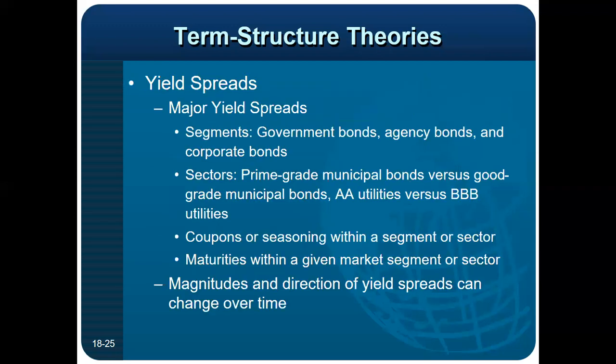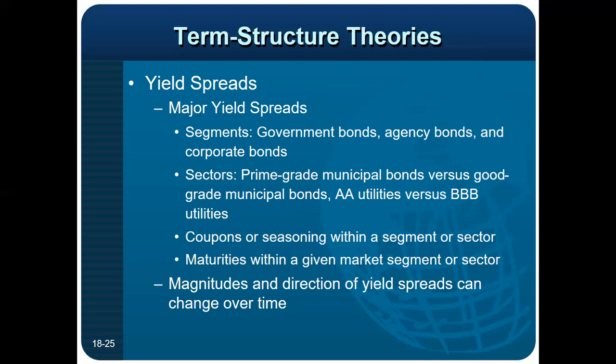The yield spread. Major yield spread segments are government bond, agency bond, and corporate bond. So these are the segments of the yield spread. So the sectors: prime grade municipal bond versus good grade municipal bonds, AAA utilities versus BBB utilities.